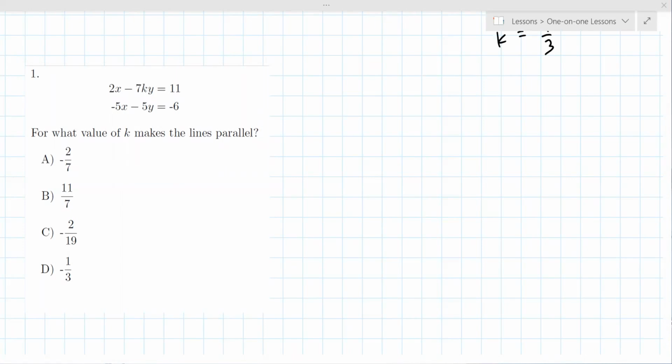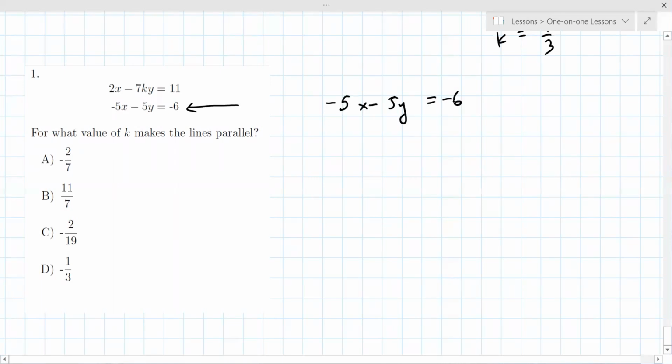You might want to find the slope of the second one first, because it doesn't have the letter in it.